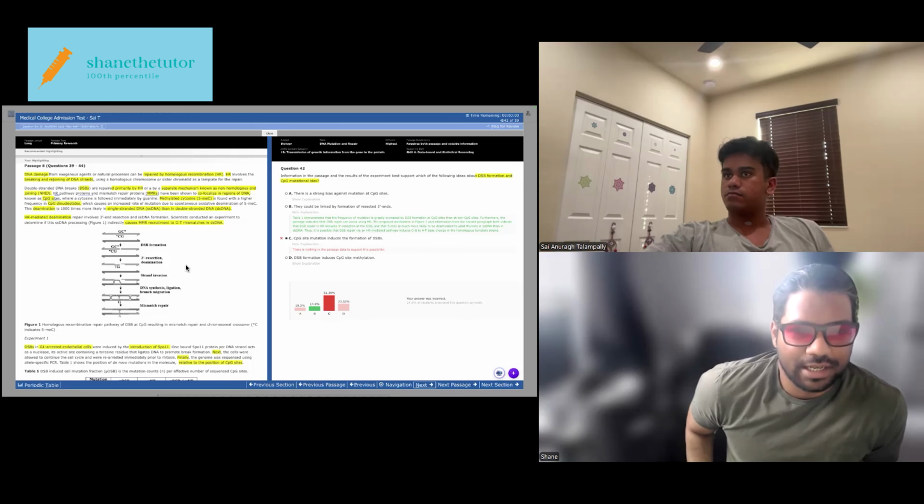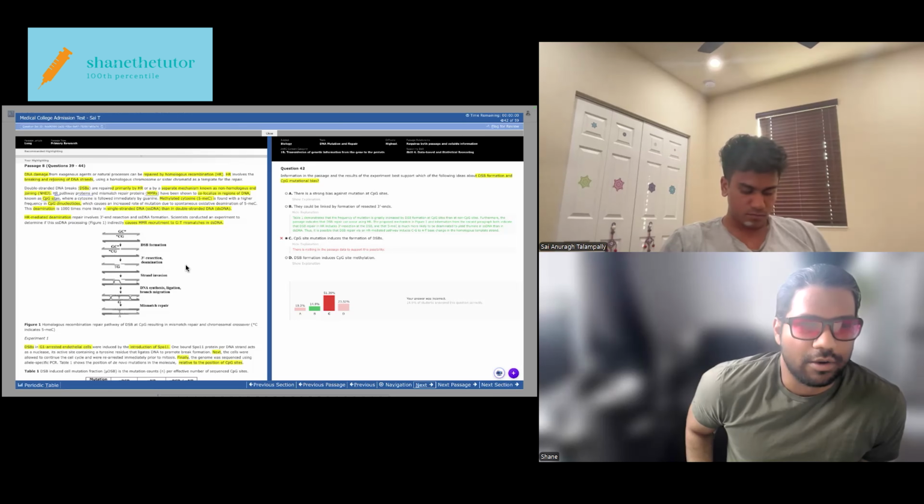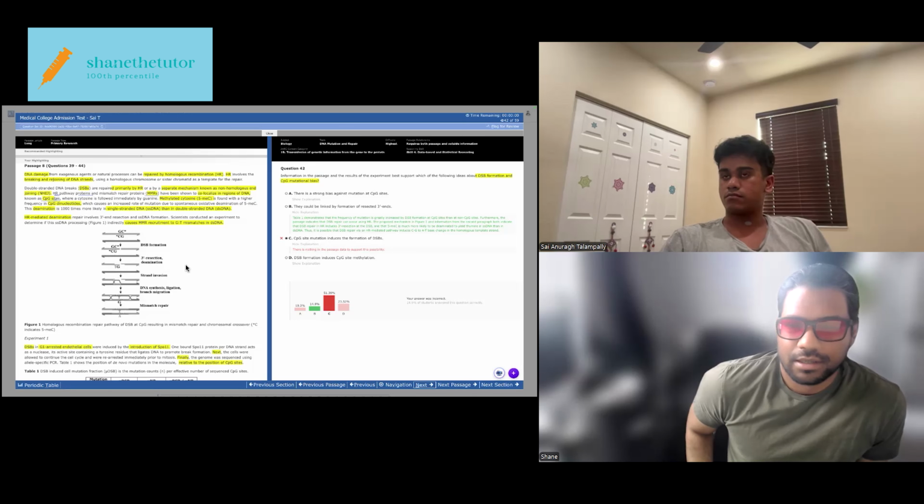So CpG sites are going to be locations at which proteins are involved in repairing double strand breaks rather than causing double strand breaks.